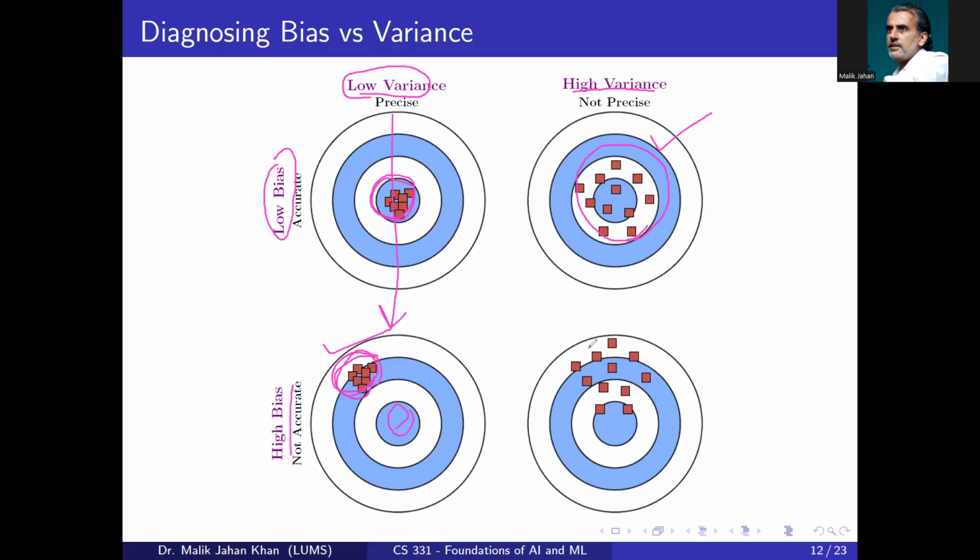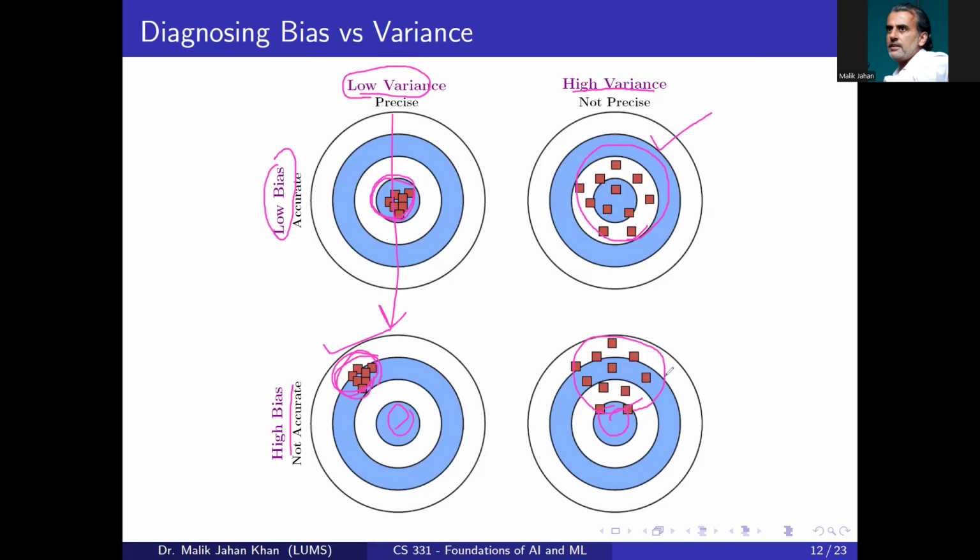And if you look at the last one, which is the actually relatively bad situation where your bias is high, because you were supposed to hit this place, but your dart throws, they're not really hitting the target. Right? Two of them are hitting, but on average, if you compute the cumulative bias, they are pretty much off the target.